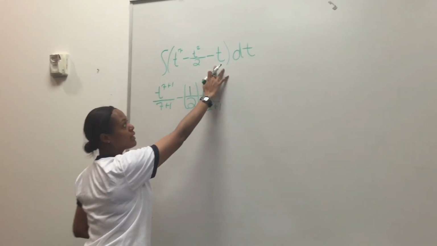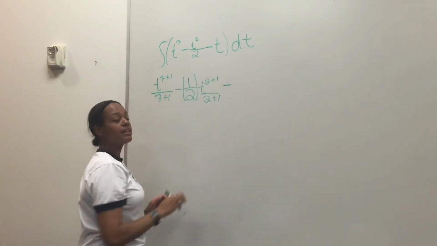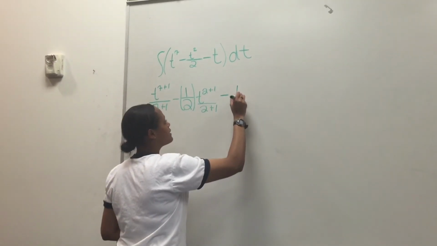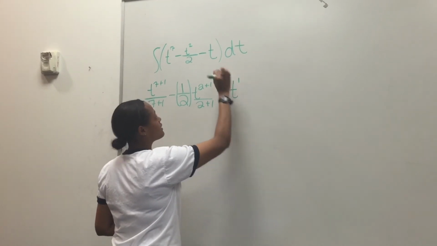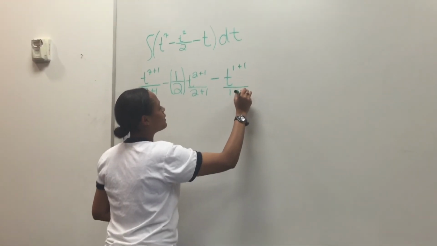And then you have to evaluate your minus t. So then you take this portion, and this is just simply the same one as x to the n, which you will evaluate as t to the 1, because essentially there is a 1 there, plus 1 over 1 plus 1.